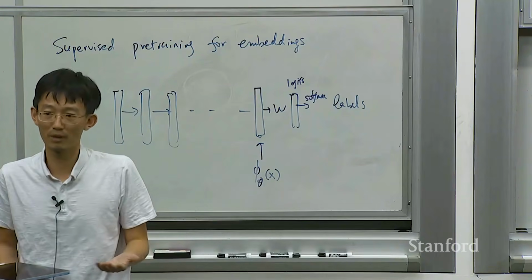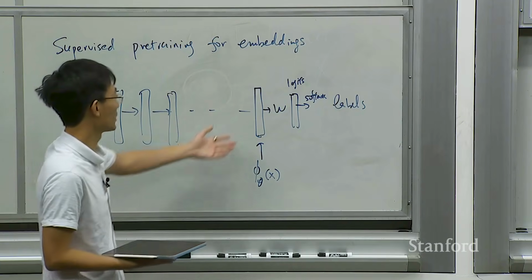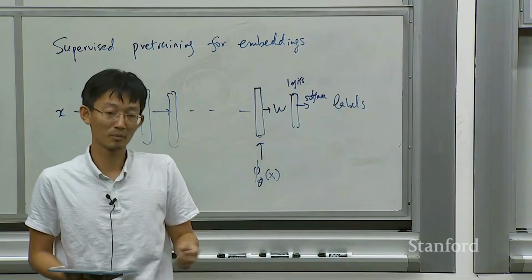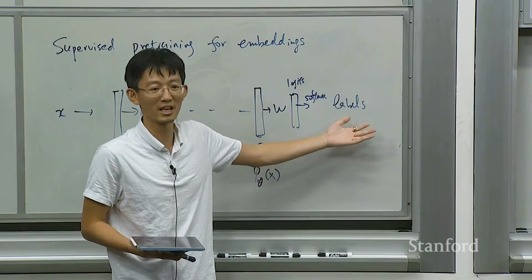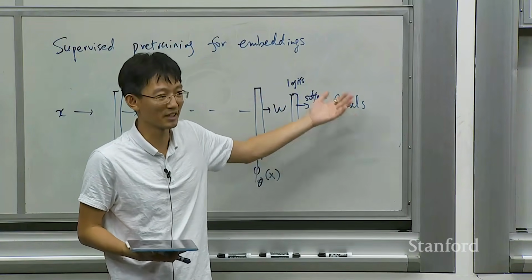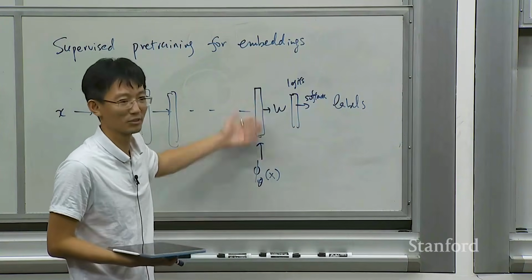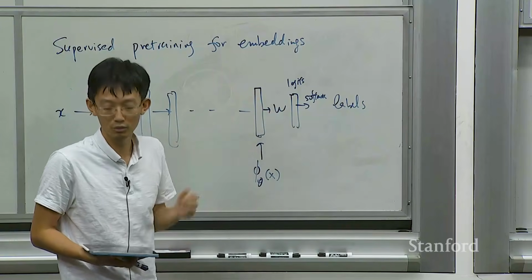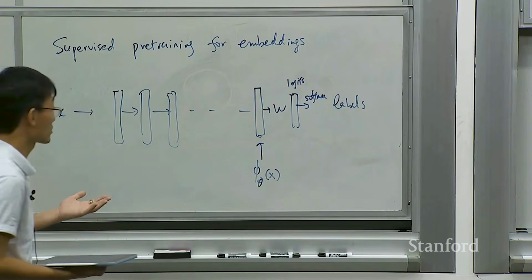Suppose the only thing you care about is whether it's a 0 to 9 digit, then you probably only recognize certain patterns related to the digits, but not other patterns. A more extreme example: suppose the only labels you have are black and white, whether this is a black and white image or a colored image. Then you don't need any complex representations to predict the label very accurately, and then the representations wouldn't be useful for other tasks.